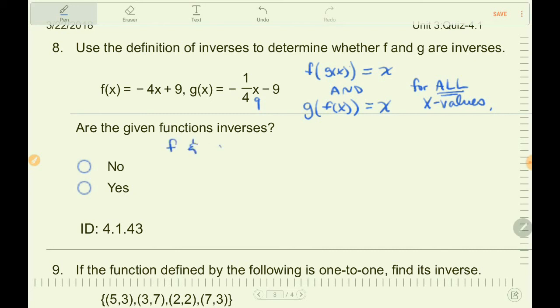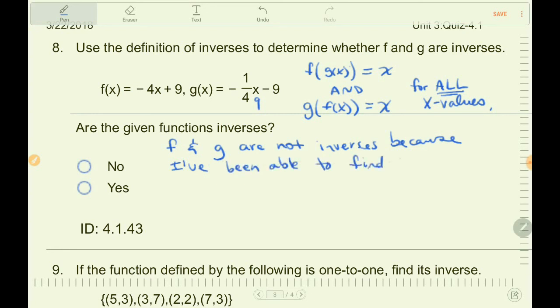So I could say f and g are not inverses, because I've been able to find an x value for which g of f of x is not equal to x.